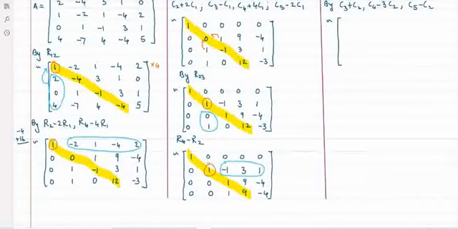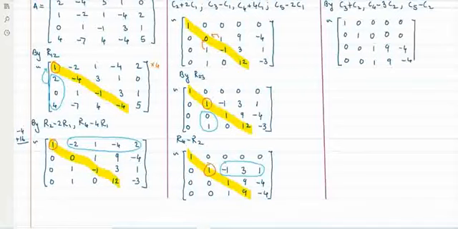Change for the third column, fourth column, and fifth column. So first two columns, no change. 1, 0, 0, 0. Second column, 0, 1, 0, 0. Then 0, 0, 1, 1. Correct? 0, 0, 9, 9. 0, 0, minus 4, minus 4.